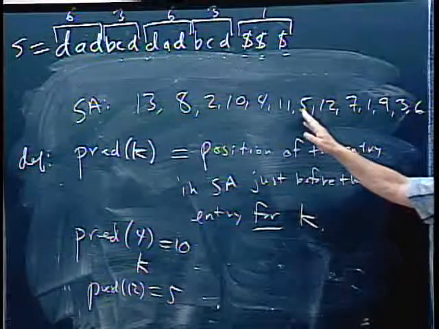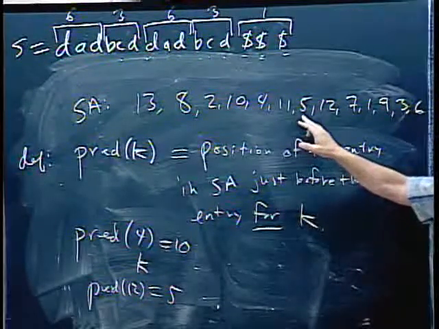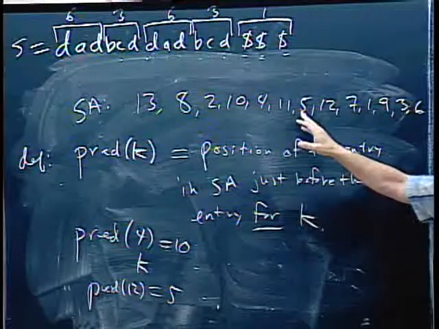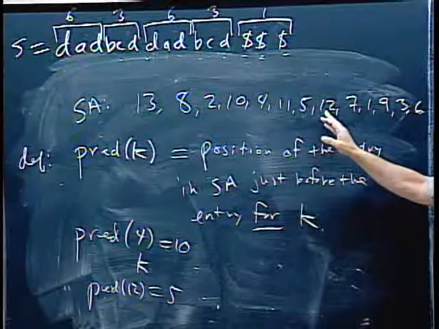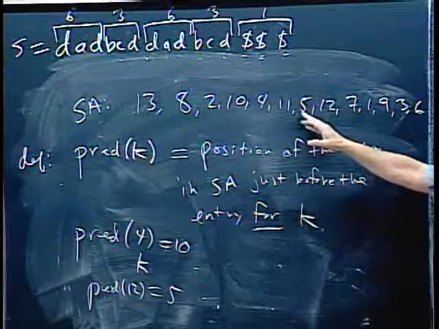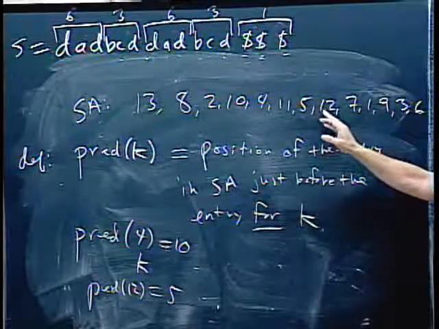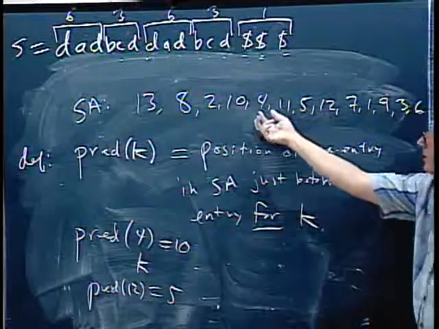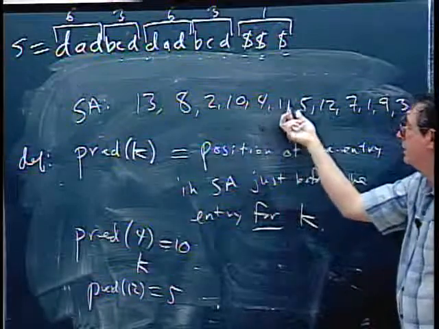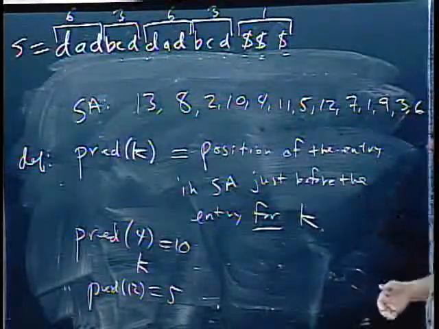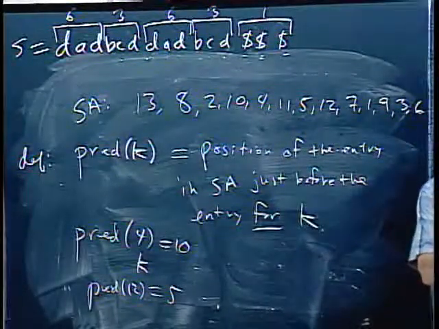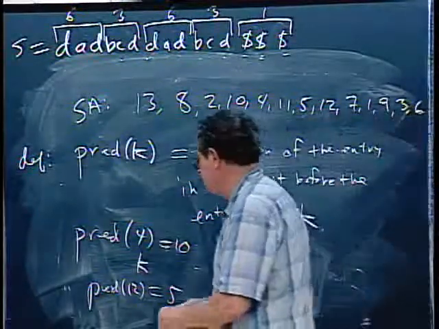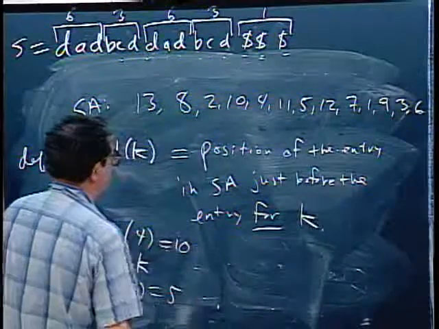The suffix that begins at position 5 is lexicographically smaller than the suffix that begins at 12, but it's the one that's most similar to it. So neighboring entries in the suffix array represent suffixes that are relatively similar, at least at their beginning, and then they deviate at some point. So this is not just totally crazy.